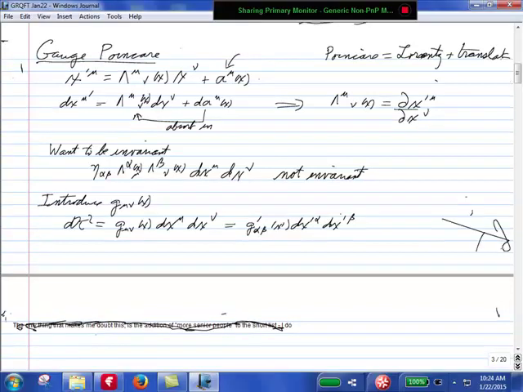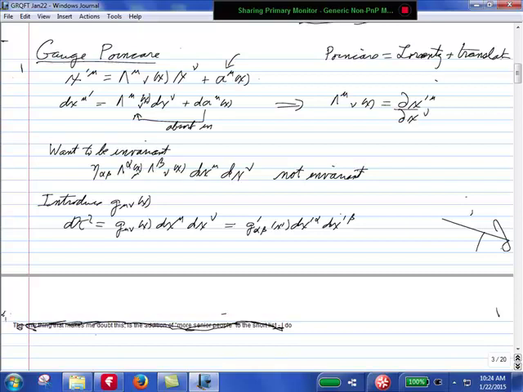So let's see if I can write big enough that you guys can see me here. This becomes an invariant if g prime mu nu of x is transformed just like these other objects that we did.